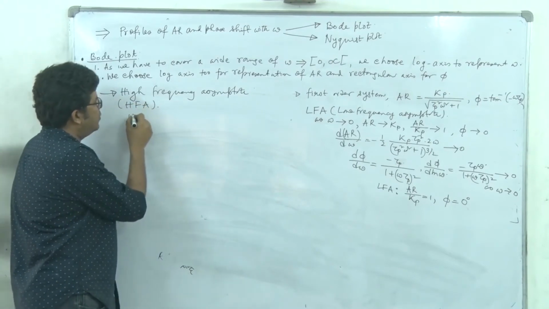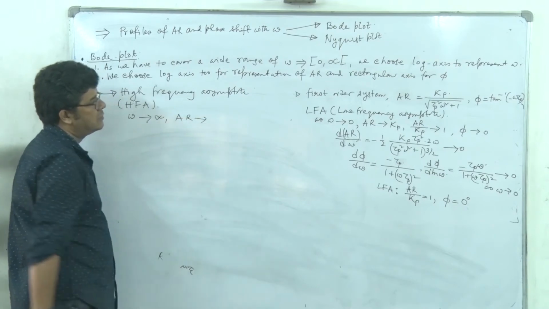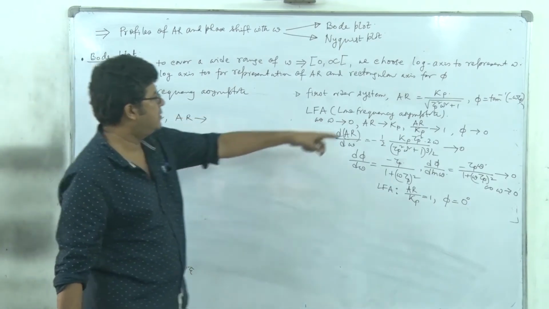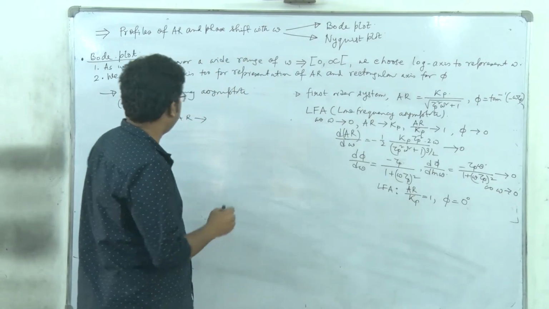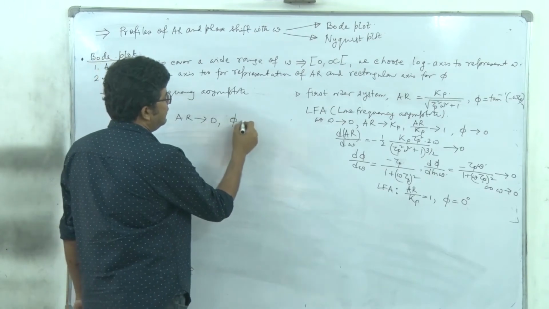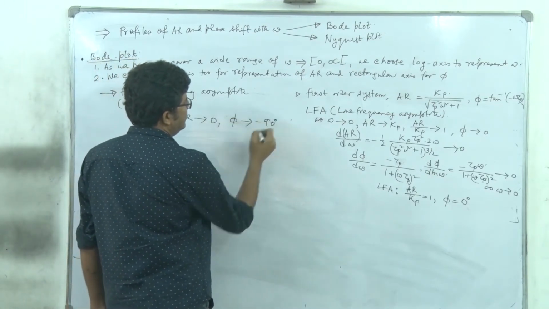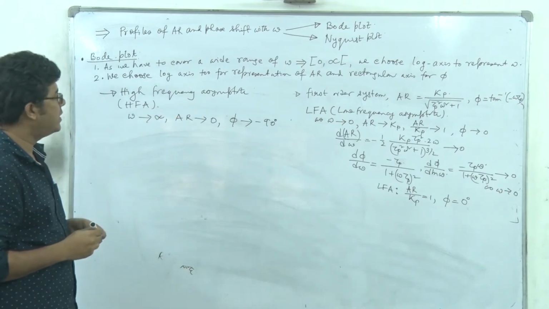Now you see what? Omega tending to infinity, AR tends to 0 and phi tends to minus 90. Right. However, this is not giving me the asymptotic equation.